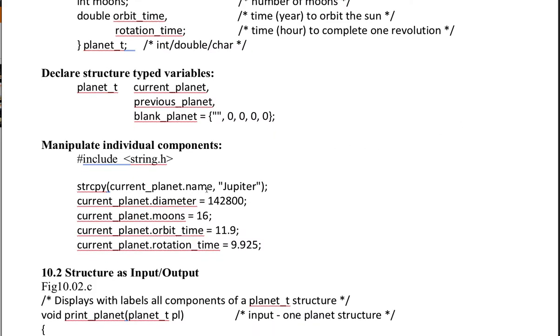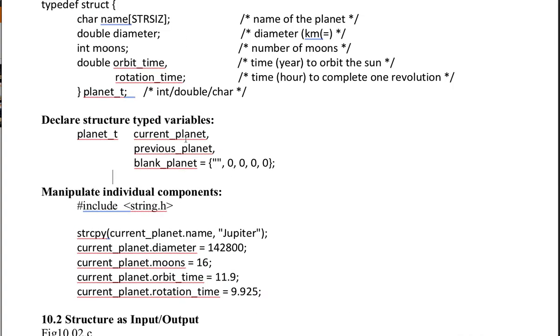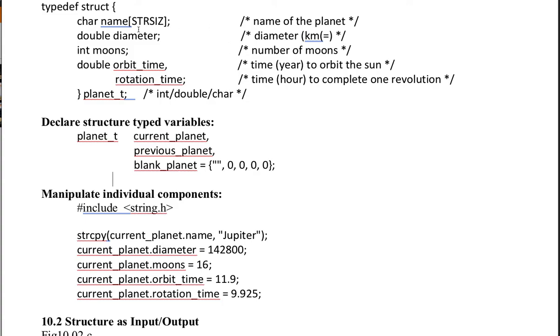Basically, to assign a name, remember, this is the string operation. Name is a structure member, it is a member of the structure, and it is string type. It is an array of characters, so it is a string type. And I suppose you still remember, we cannot use the equal sign to make the assignment for a string.